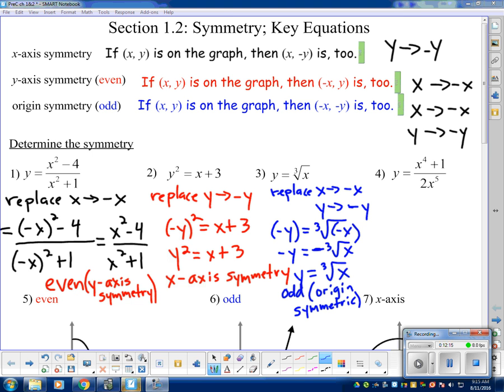Alright, this one, number 4, may take some thought. Had one of each. Anybody, as you're looking at it, have an idea of what it might be?